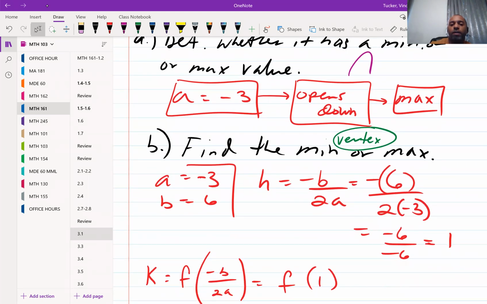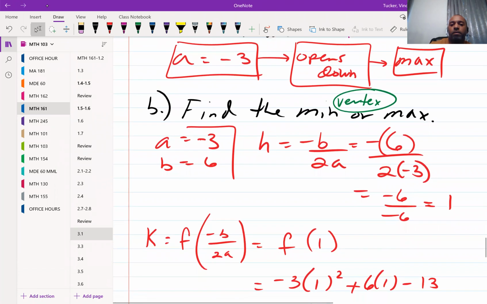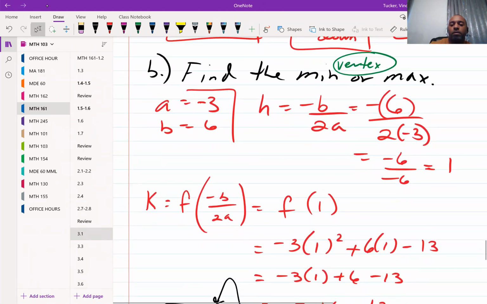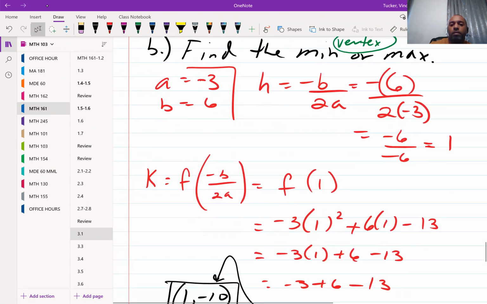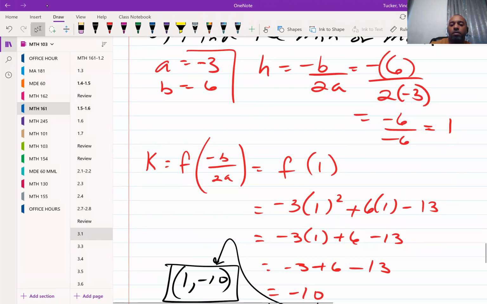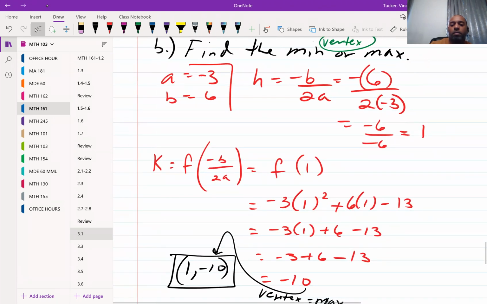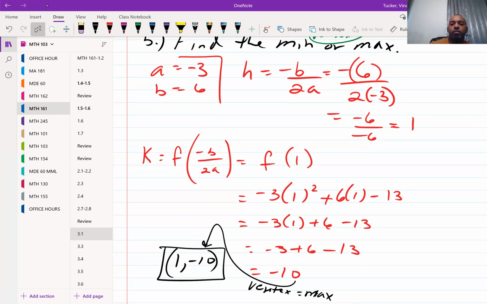Then plug 1 into our function. Negative 3 times 1 squared plus 6 times 1 minus 13 simplifies down to negative 10. So our coordinates for our vertex would be 1, negative 10.